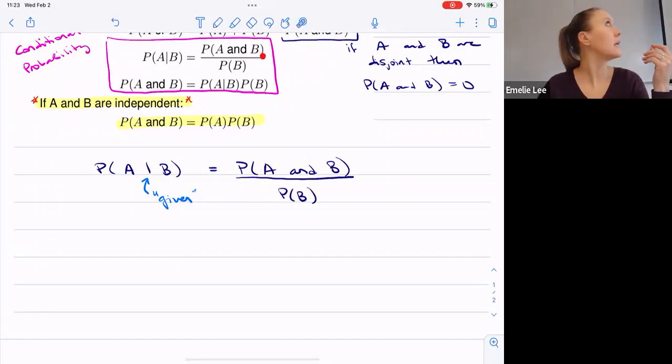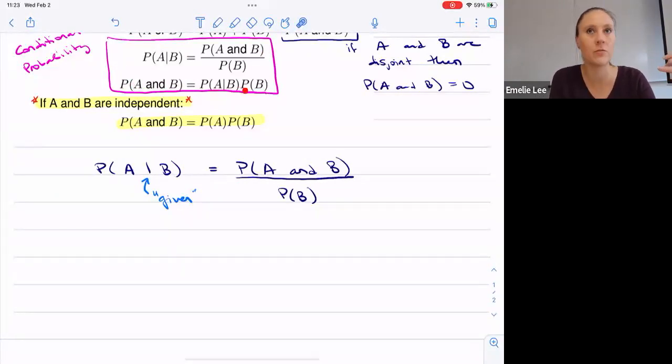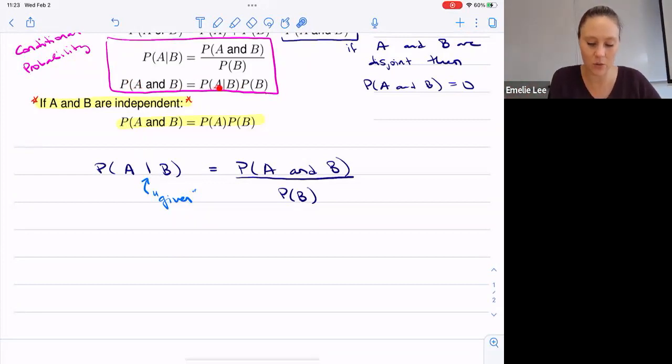I typically prefer to have as few formulas as possible. So I would probably just ignore the second formula because it's the same one rewritten. But I know there are lots of students who want to have it all rewritten and derived in different ways, so that's why it's on here. What's the second one?